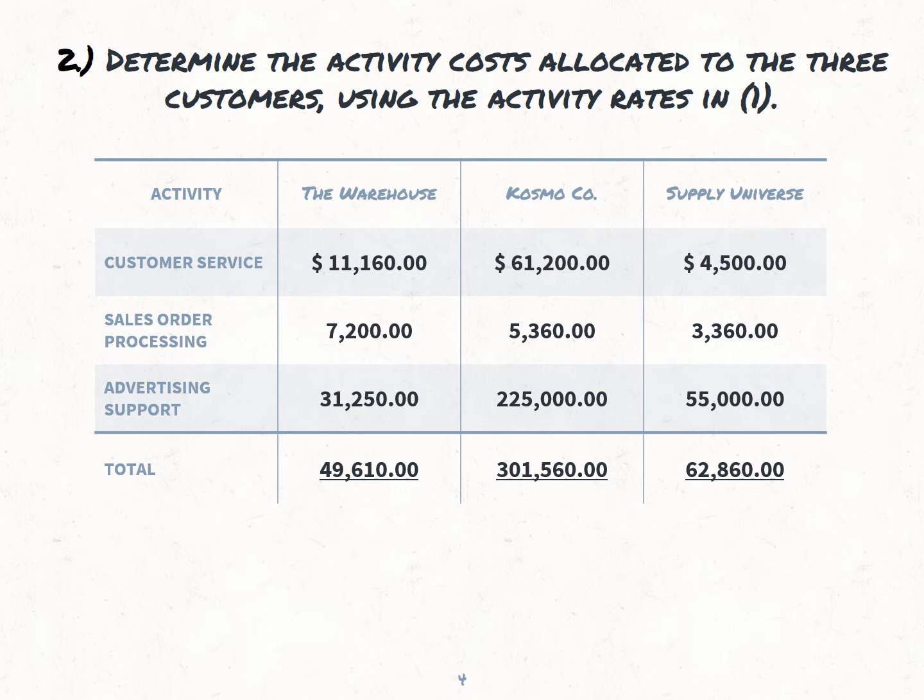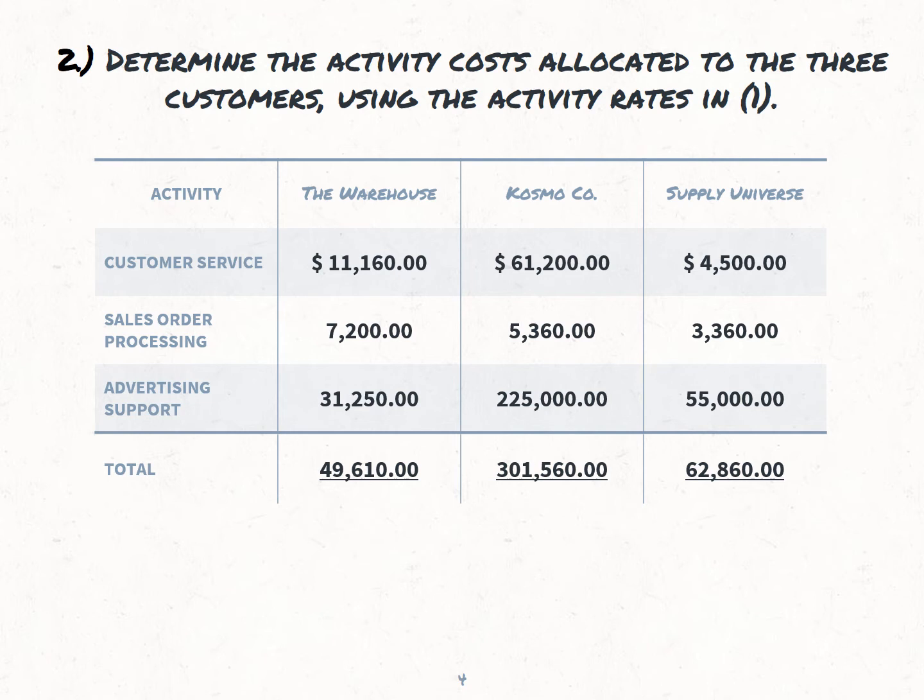For the sales order processing, we have the number of sales orders for Warehouse 300, for Cosmo 640, and Supply Universe 140, multiplied by the activity rate of $24 per order, a total of $7,200 for The Warehouse, $15,360 for Cosmo, and $3,360 for Supply Universe.